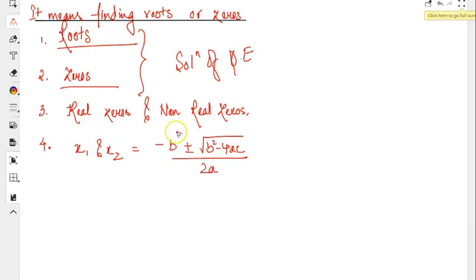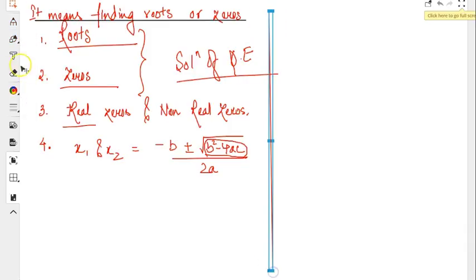Now, these solutions, the zeros or roots, can be of different types, and what type of roots I have will depend on this discriminant. So I will give you some examples for this. Say I have D equal to 0.